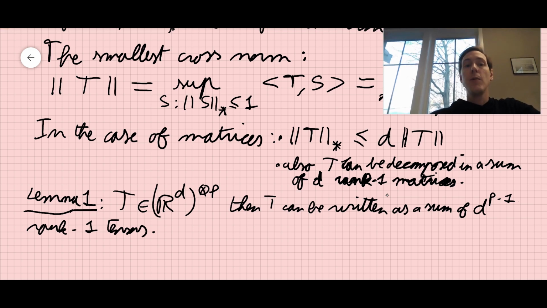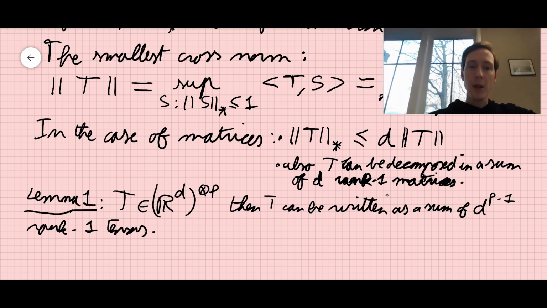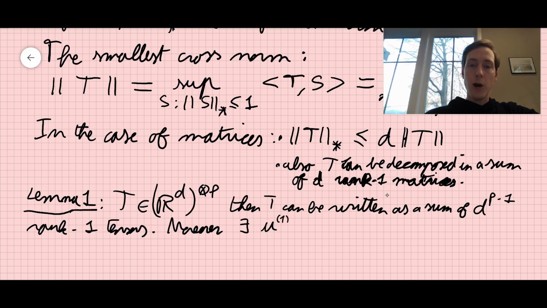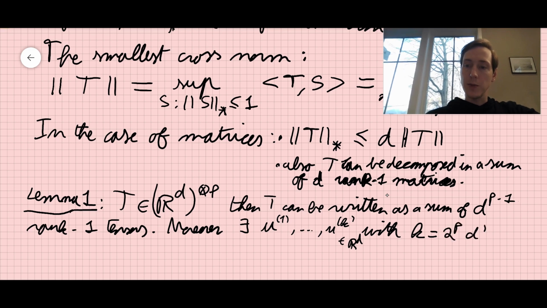So what does it mean? It means that the action of T on any symmetric tensors can be mimicked by a sum of order d to the P minus 1 rank 1 symmetric tensors. Let me explain again. Moreover, there exist u_1 up to u_K, vectors in R^d, with K equal to 2 to the P times d to the P minus 1. This K is not optimal, but it will allow us to have a simple proof.